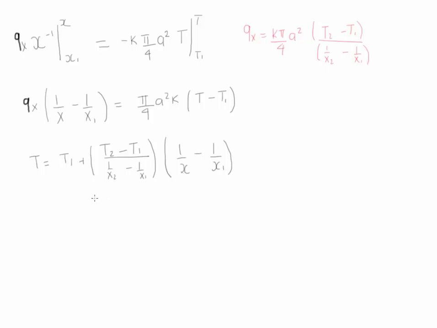Notice that this expression is obtained after we substitute the value of Qx into this equation and we solve for T. This is the final expression for T as a function of x. Please make sure that you follow the process and are able to create the same function.